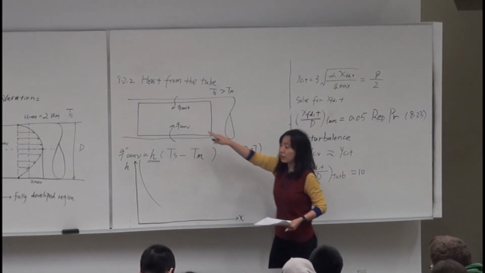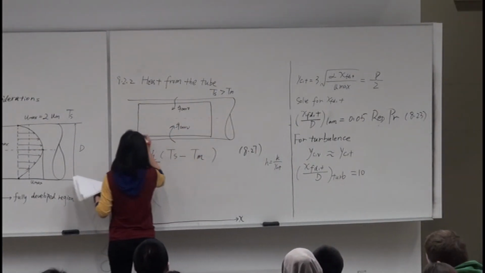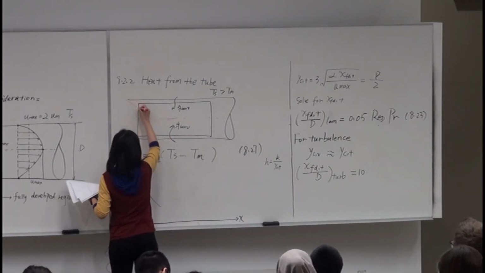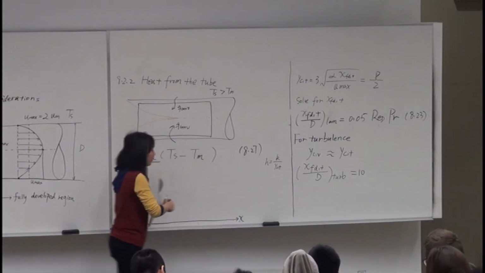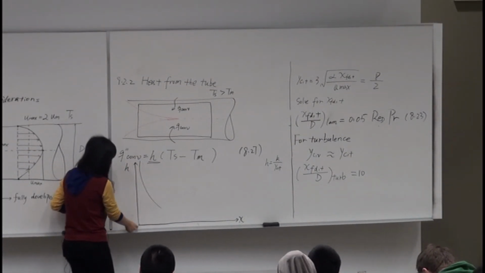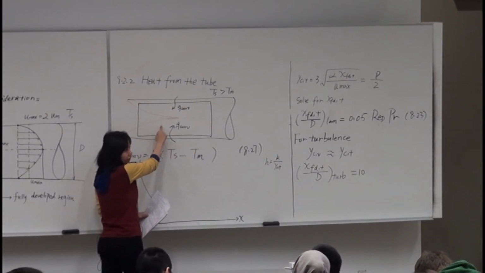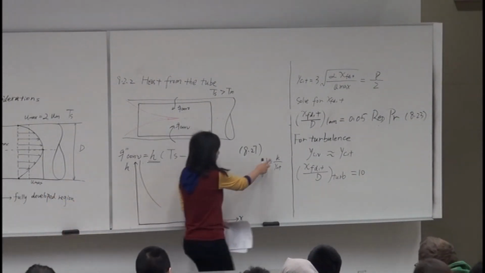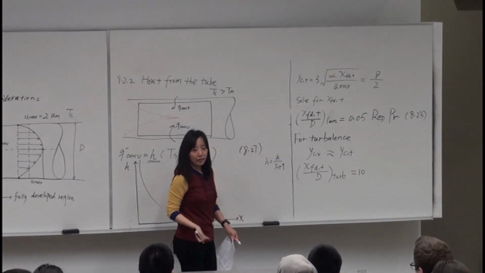So the thermal boundary layer starts from zero here, which means we have a very large convection heat transfer coefficient at the inlet of the tube, and it keeps expanding until it reaches the thermal entry length. As k is almost the same, the thermal boundary layer keeps increasing.